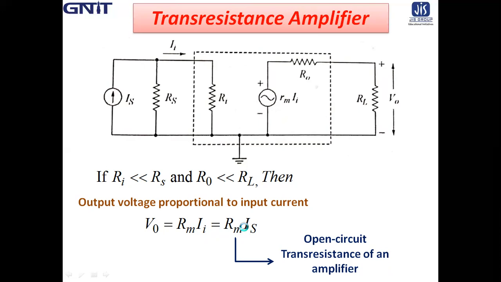Open circuit means RL is infinity. So whenever RL is infinity, it is called open circuit transresistance.